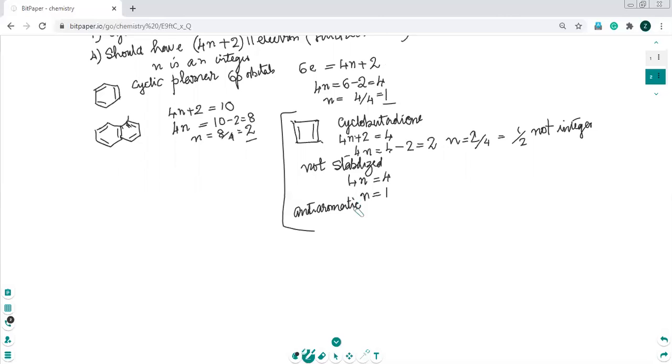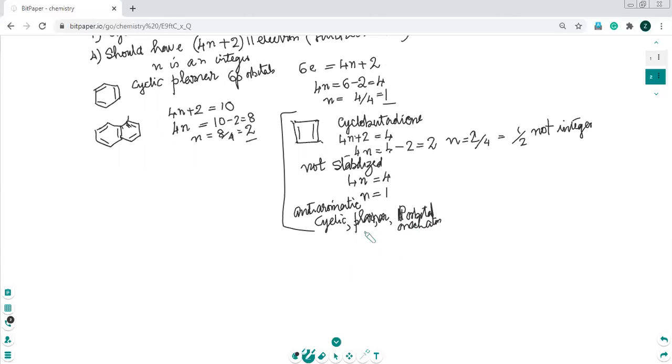So you have anti-aromatic compounds and aromatic compounds. What's the difference in the rule? All other conditions are the same: cyclic, planar, and containing a p orbital on each atom.